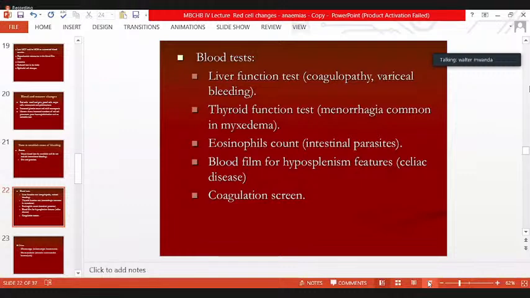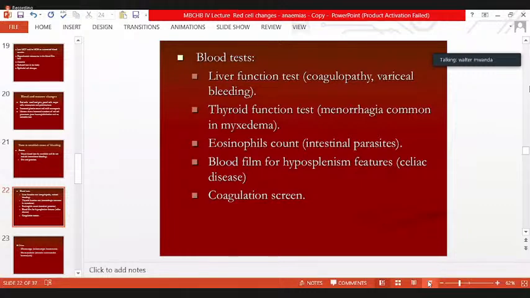In terms of parasites, we know that eosinophilia may accompany some of these parasitic infestations. We may also demonstrate the blood film picture of hyposplenism. Hyposplenism may occur in celiac disease.